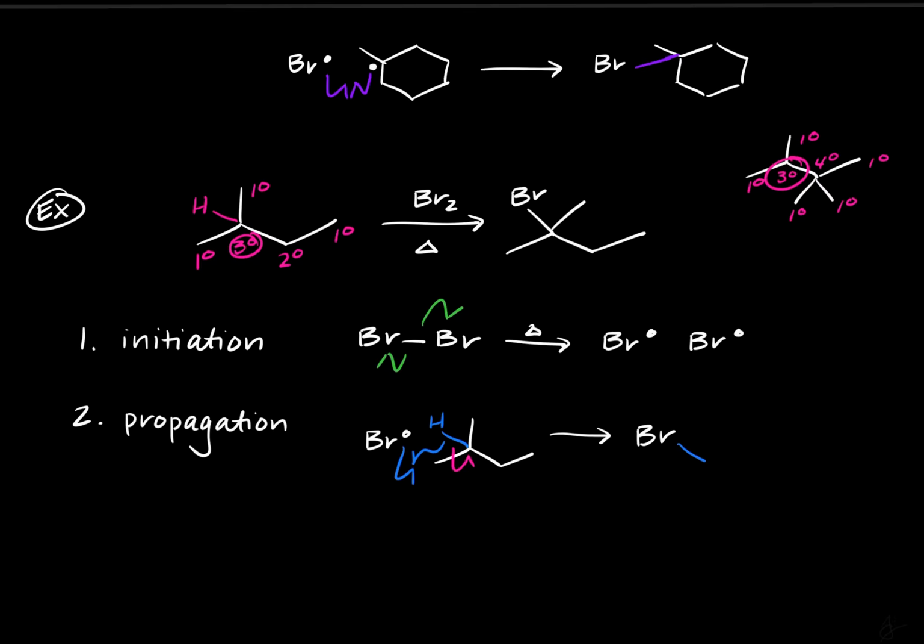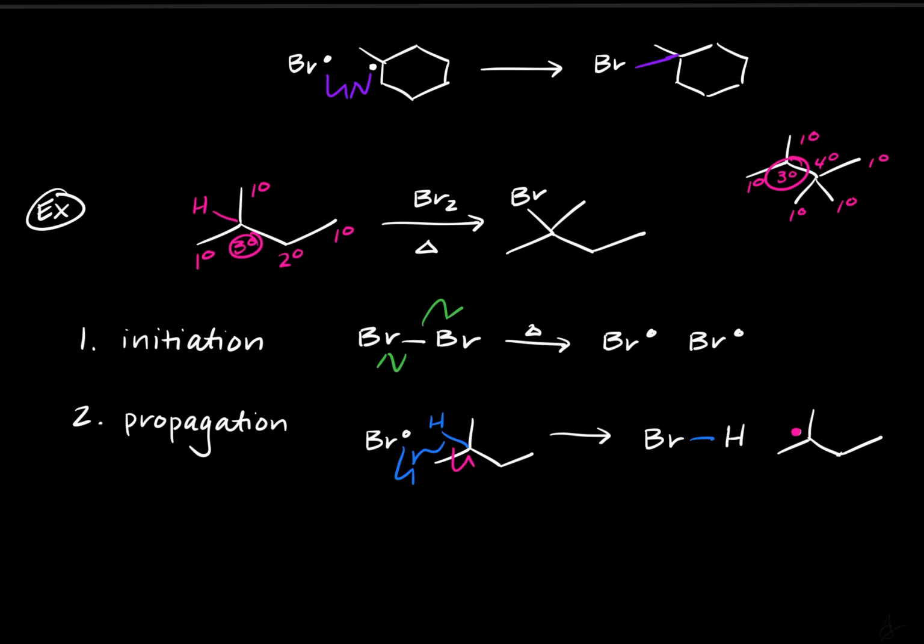We're going to form a bond between bromine and hydrogen, and our carbon structure is going to get a radical. I guess we can keep consistent with our colors. It's the pink arrow that shows the formation of that radical.